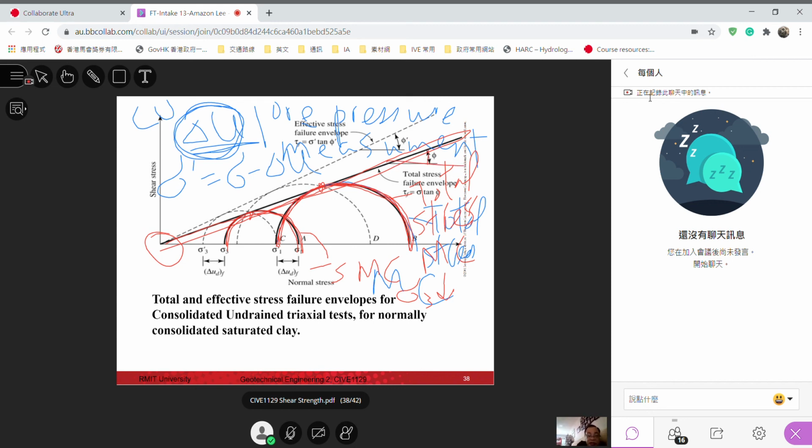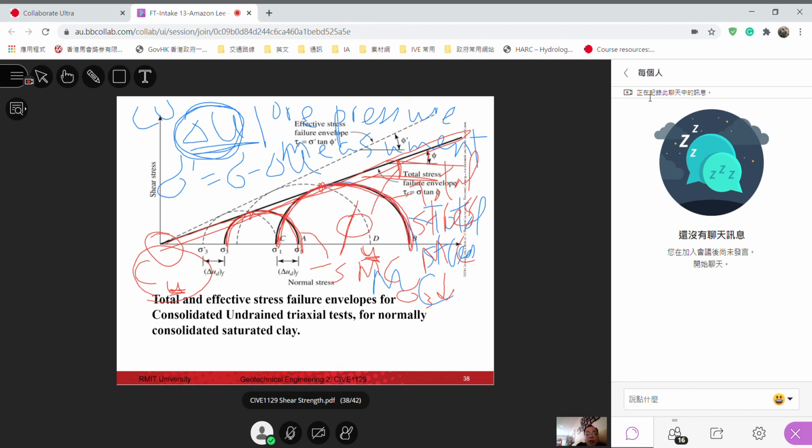So this cohesion intercept is Cu, the cohesion intercept under undrained condition. This is phi u, the angle of friction under undrained condition.